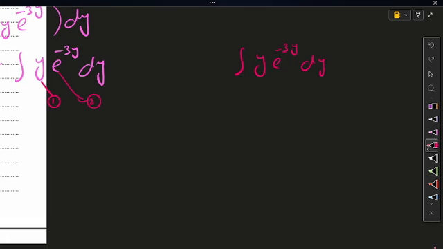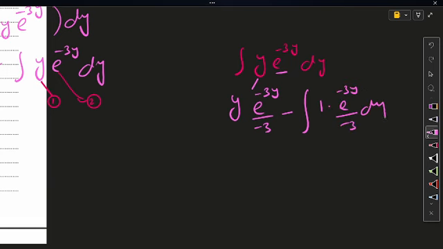So the first function is retained as it is, times the integral of the second function, the integral of e raised to the power minus 3y, which becomes e raised to the power minus 3y by minus 3, minus, because of the formula, the integral of the derivative of the first function, that is 1, times the integral of the second one, that is e raised to the power minus 3y by minus 3 dy.